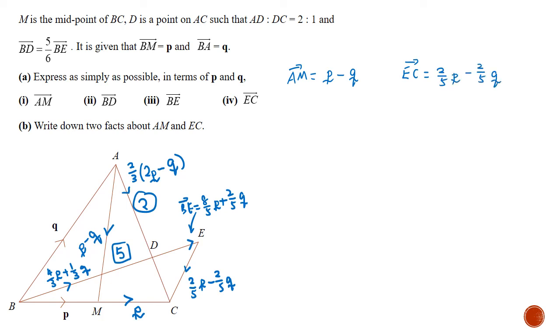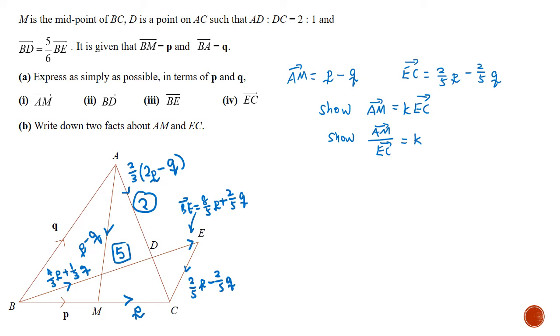We know that if two vectors are parallel, we will have to show that vector AM will be equal to k times vector EC, or vector EC equals k times vector AM, which means that we have to show that AM over EC will give us a constant number k.